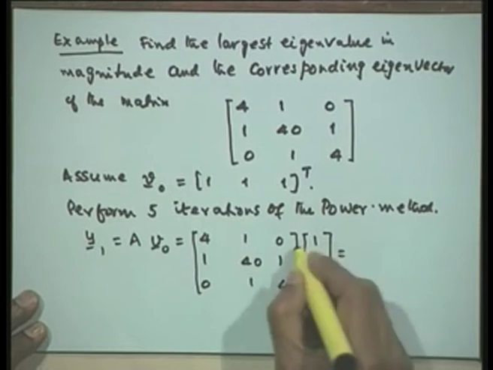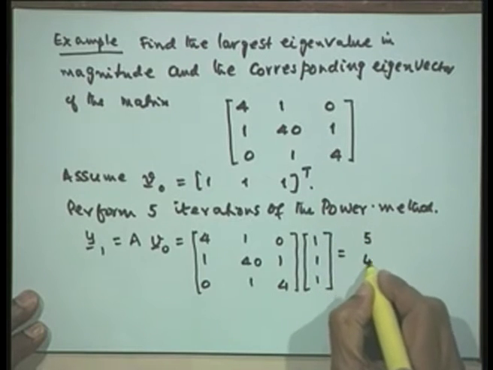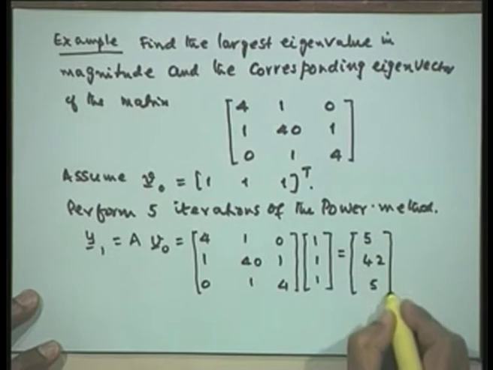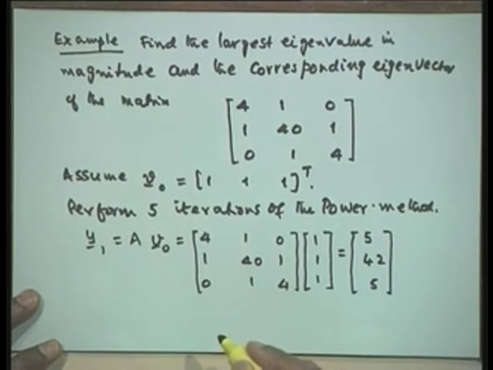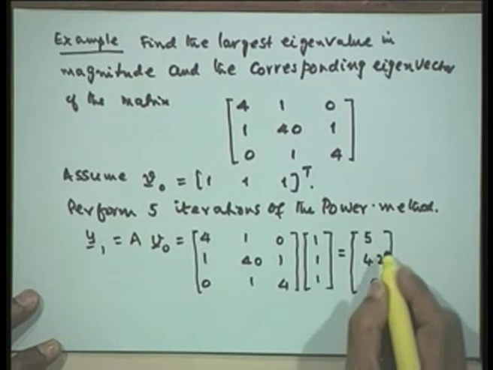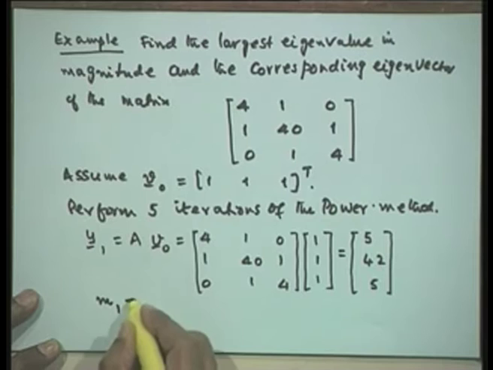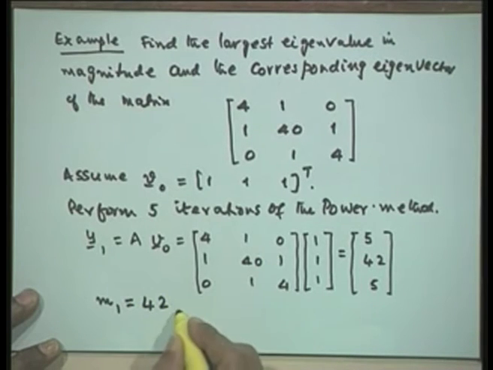So, I get this as 5, 42 and 5. Now, I find the largest element in magnitude of this, that is 42. So, I will call this m 1, m 1 is equal to 42.